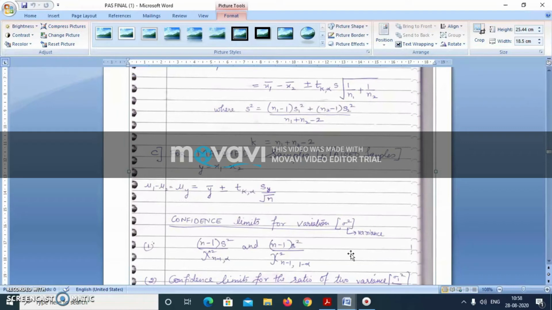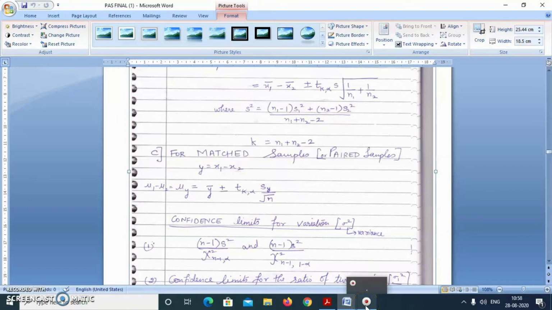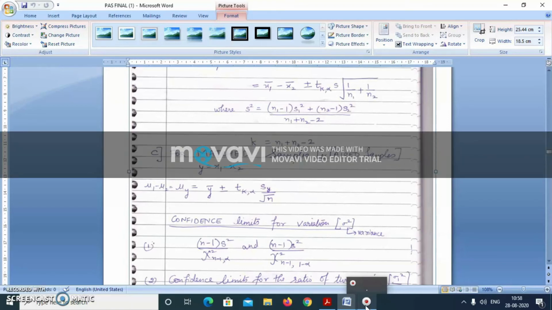Now we'll try to understand the meaning of matched sample or paired sample. Suppose these are the marks of A batch in first year, and we are comparing the marks of the same A batch in third year.